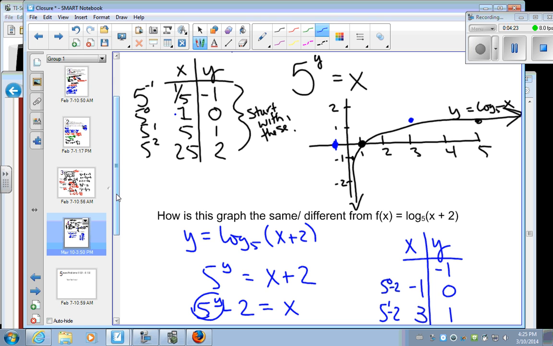So I'm guessing that it's the same one, only it's shifted over to the left 2. So you see how it's this same graph that I had for y equals log base 5 of x, only it shifted over 1, 2.